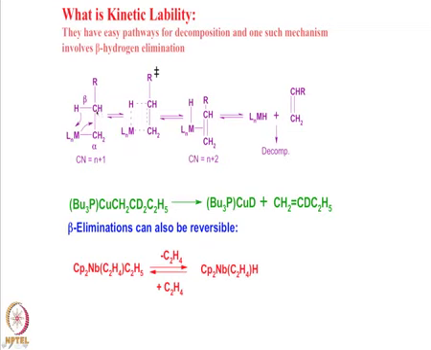When you write in this fashion, you can see this is the beta hydrogen atom, and due to this coming very close to metal, you have this 4-membered intermediate here, and this intermediate takes hydrogen onto metal and formation of ethylene is seen, and this ethylene bond breaks and eventually this decomposes to give metal hydride and an alkene is formed. So, this is essentially the decomposition.